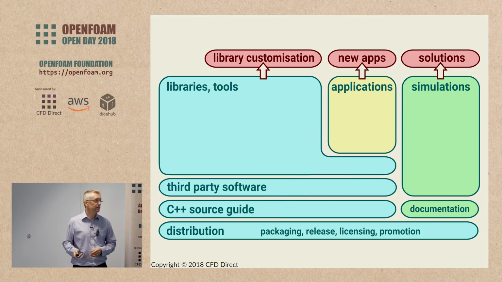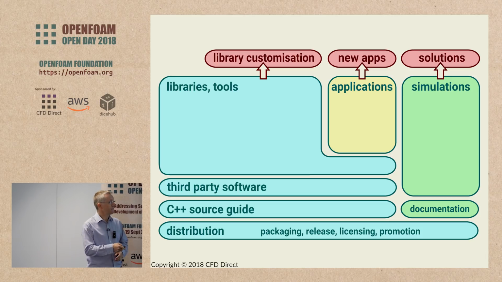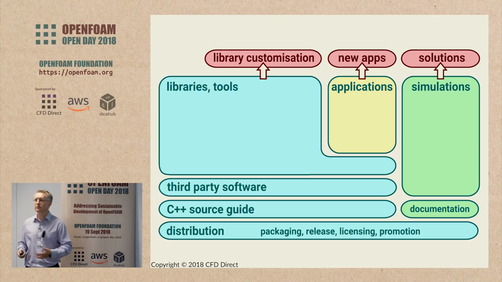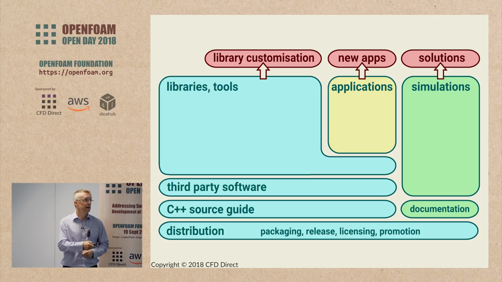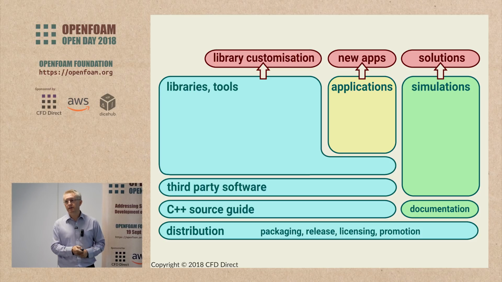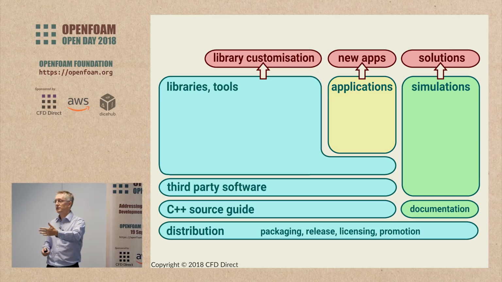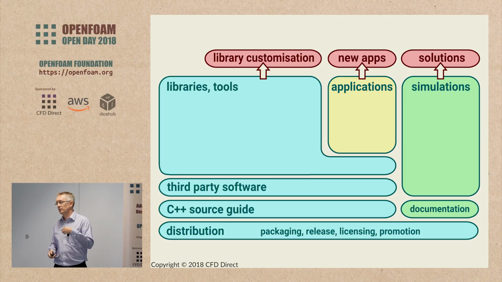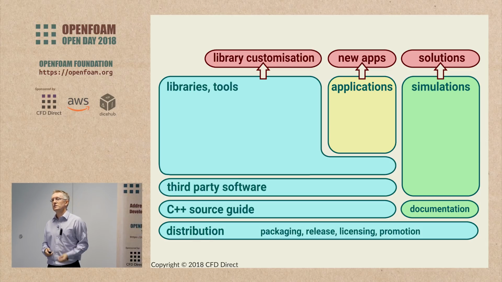What people do with it is that they first of all extend the current set of simulations by building their own solutions, so they create their own CFD solutions. They create new applications, extending on the existing ones typically, and then they customize libraries and add on top of the libraries. And so that's what you, the users, are doing with the software.